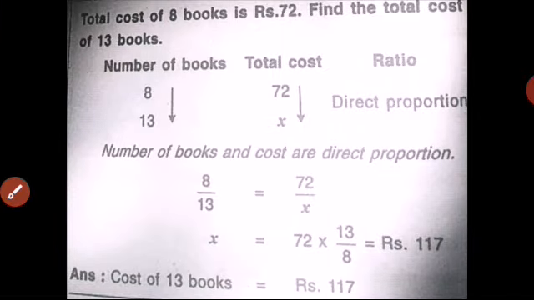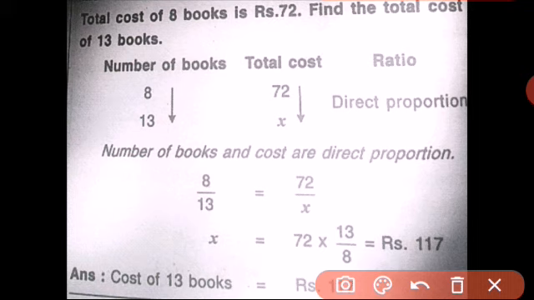These are simple examples of direct proportion. How will you solve? I will solve the problems in detail in the next class, but still I will show you a simple example. The total cost of 8 books is 72. Find the total cost of 13 books.